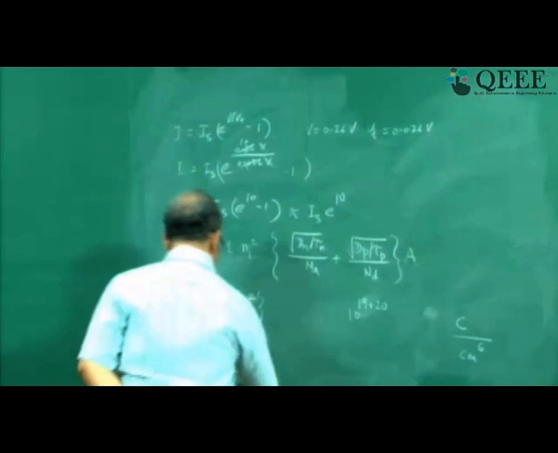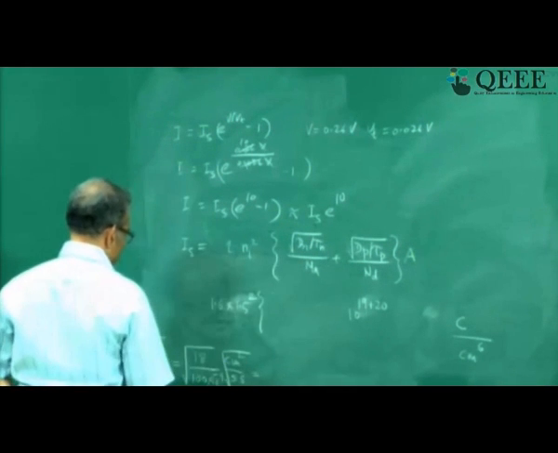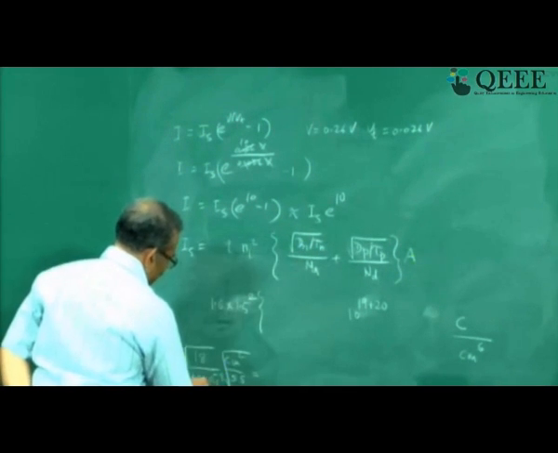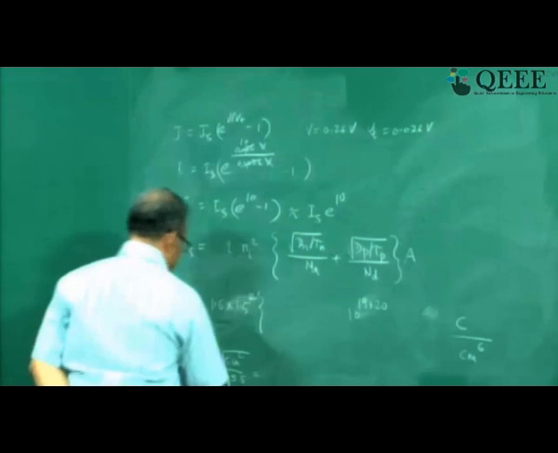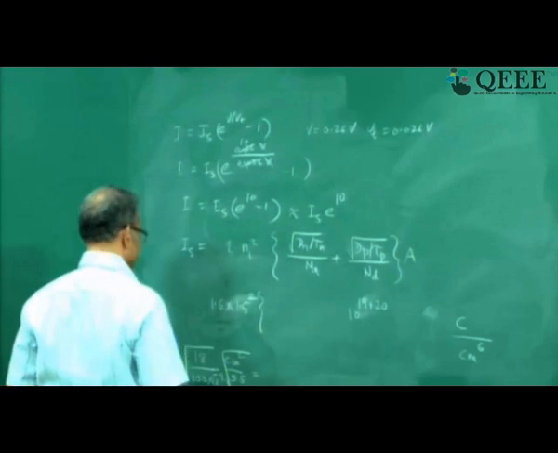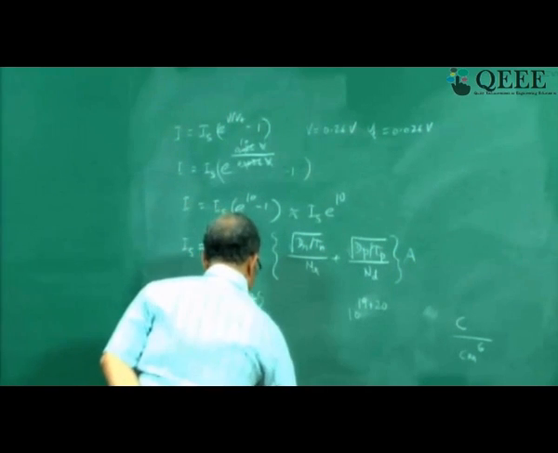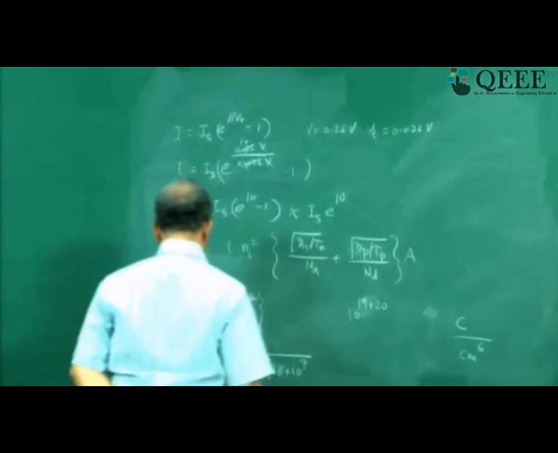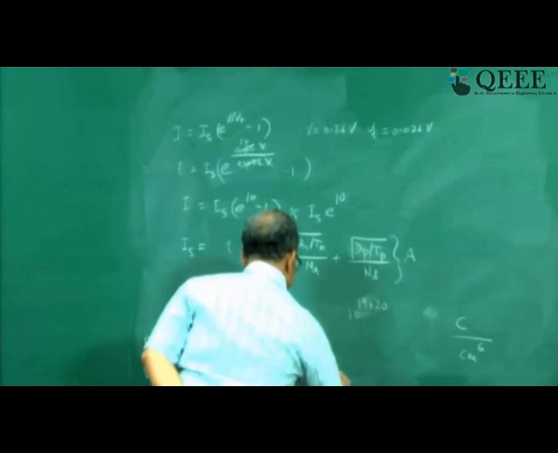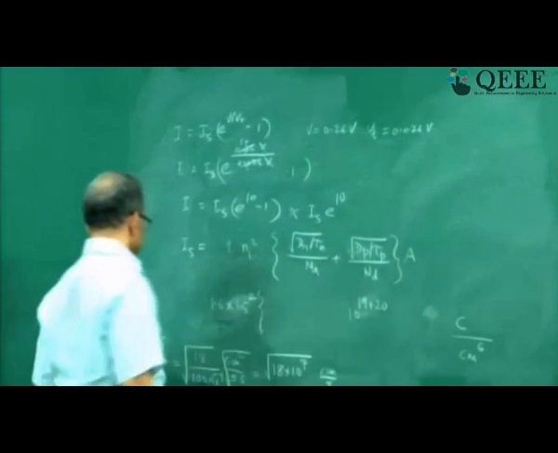So this works out to, now 100 into 10 power minus 9 is 10 power minus 7. So 18 by 10 power minus 7 is equal to square root of 18 into 10 power 7, and here it is centimeter per second.